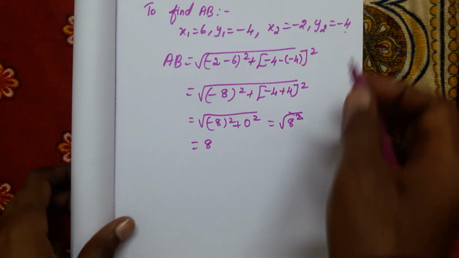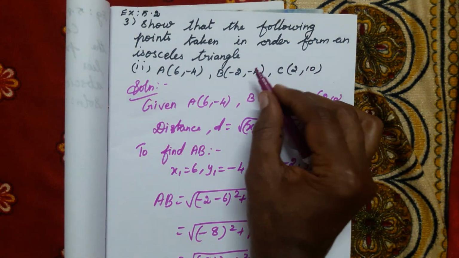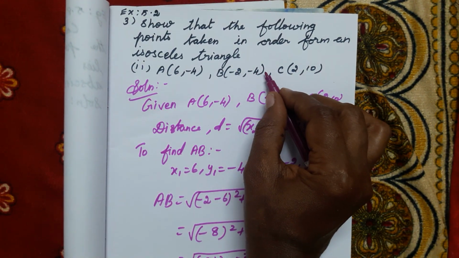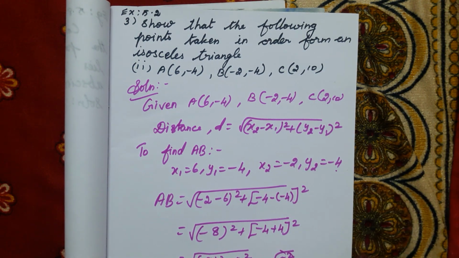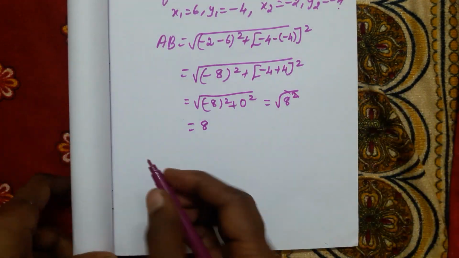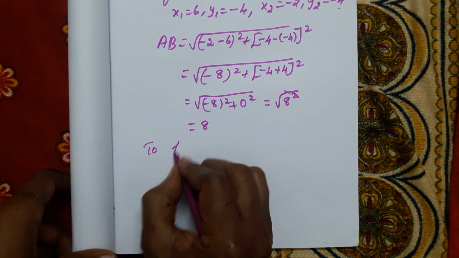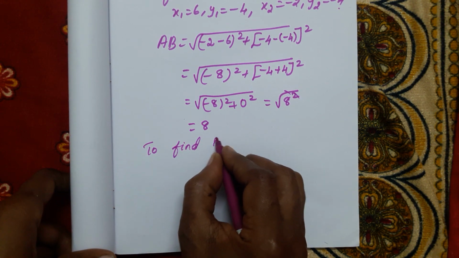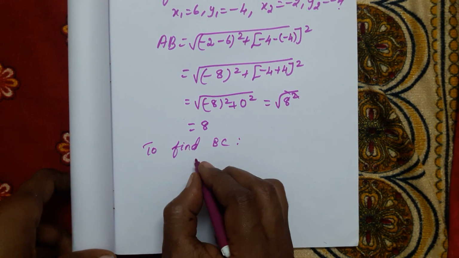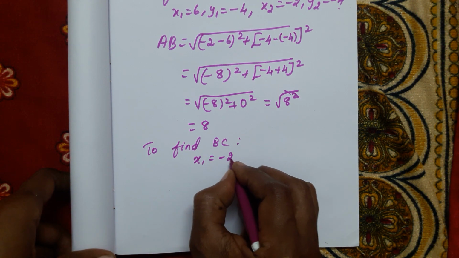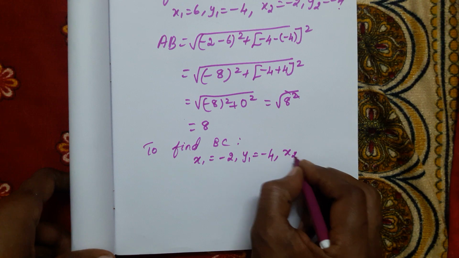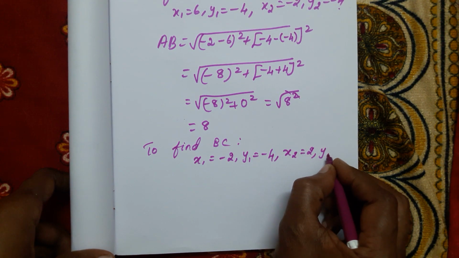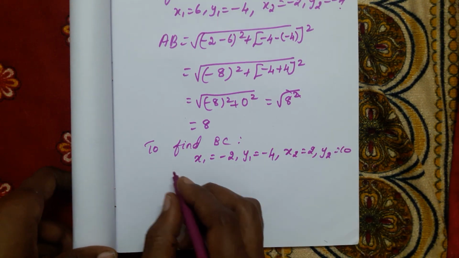Then we want to find side BC. x1 is equal to -2, y1 is equal to -4. x2 is equal to 2, y2 is equal to 10.